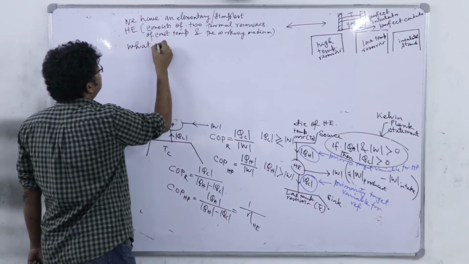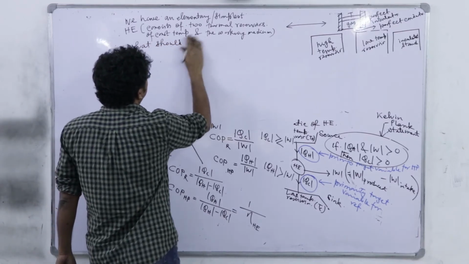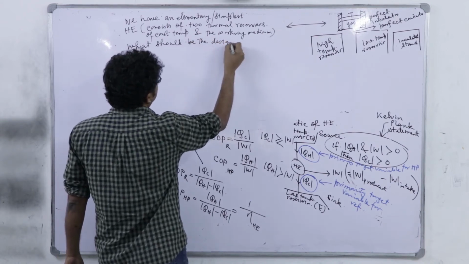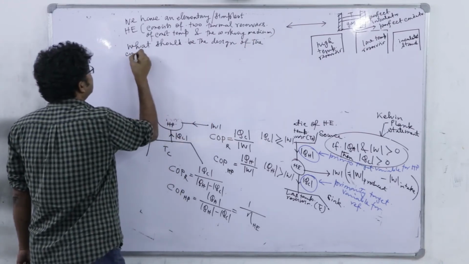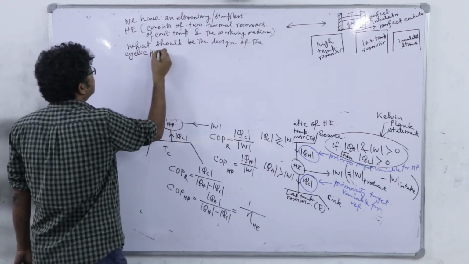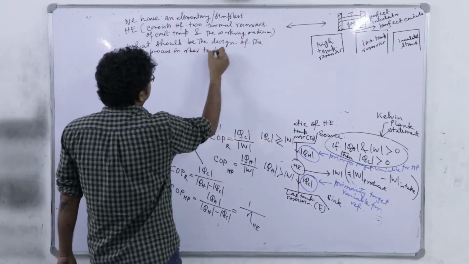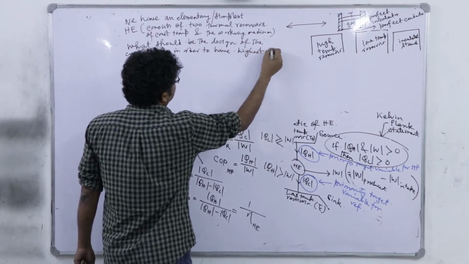What should be the design of the cyclic process in order to have the highest efficiency?